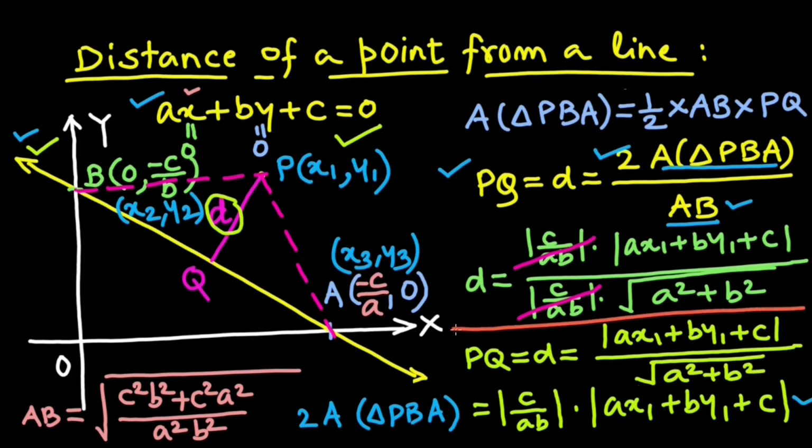This is the formula for finding the distance of a point P(x1, y1) from the line ax plus by plus c equals 0.